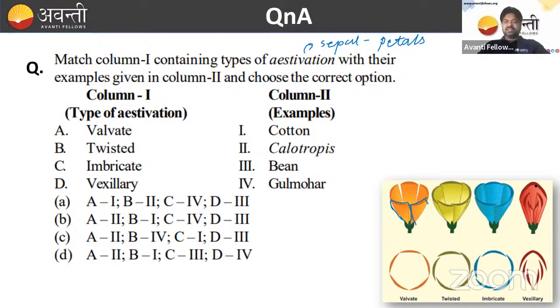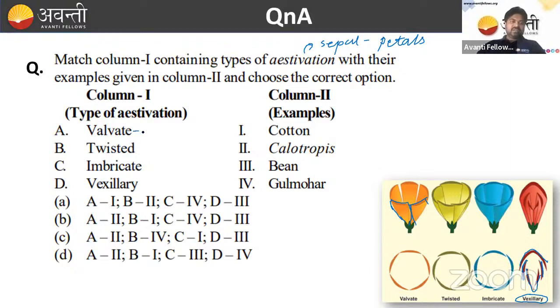In case of vexillary, you can see one major portion, and the next two portions are half structure, and again you can see a complete structure here. This type of arrangement of petals is known as vexillary. What is the example?